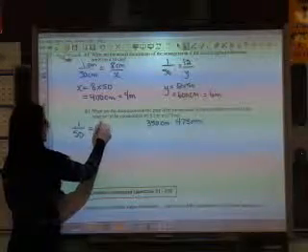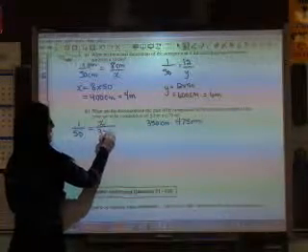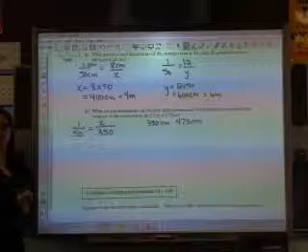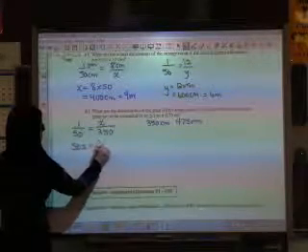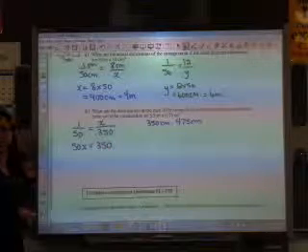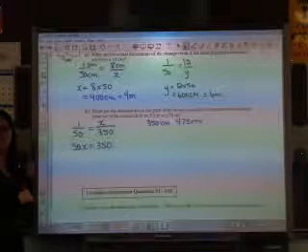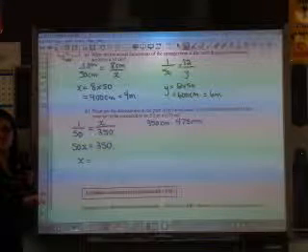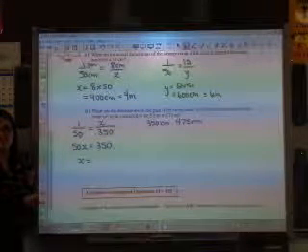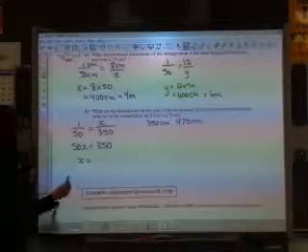So the drawing is what I'm trying to find this time, and I have the actual. So when I go to cross multiply, I get 50x equals 350, so then I would divide. And x would equal 7.